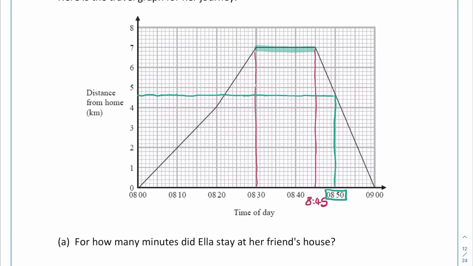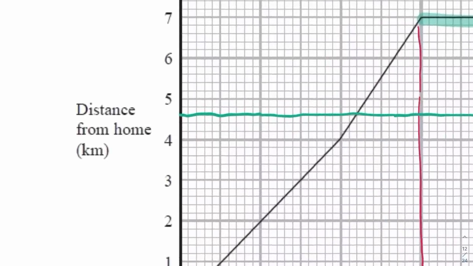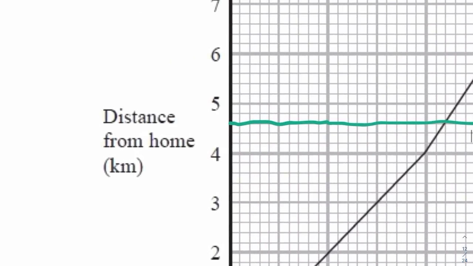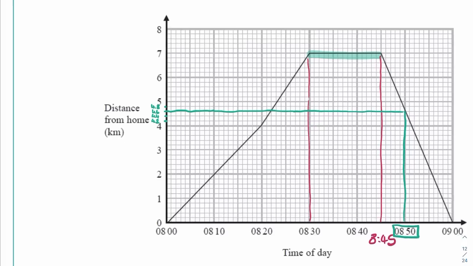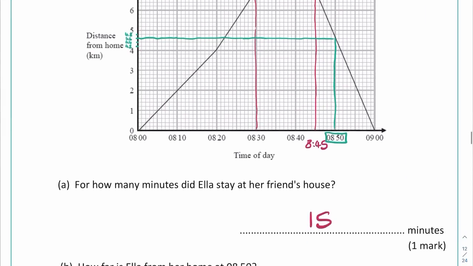Now you can see that that is 3 little squares up from 4, and if we count up each little square just to make sure we get this correct, that it would be going up in 0.2s. So that there would be 4.2, then 4.4, 4.6, 4.8, and then we hit 5. So this particular one is landing on 4.6, so our final answer there would be 4.6.